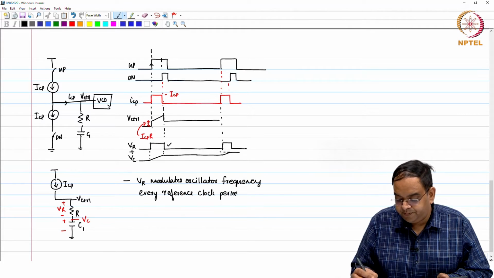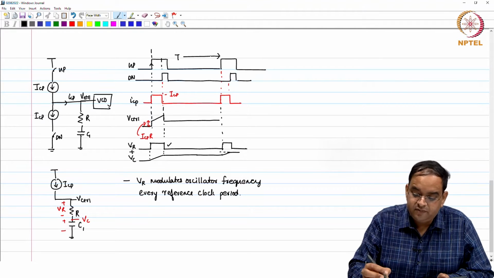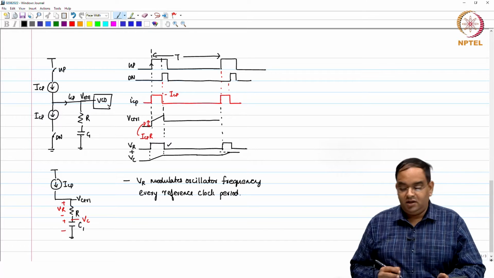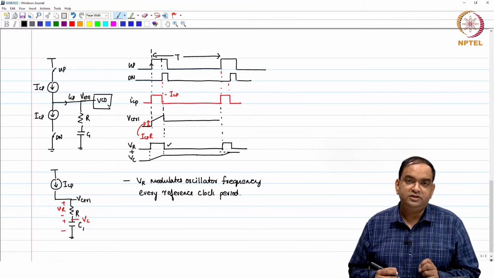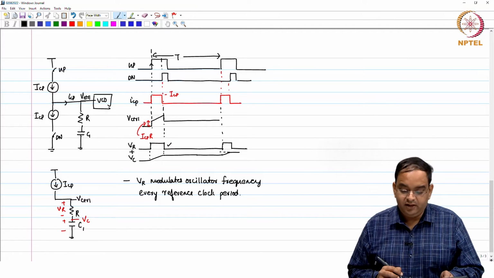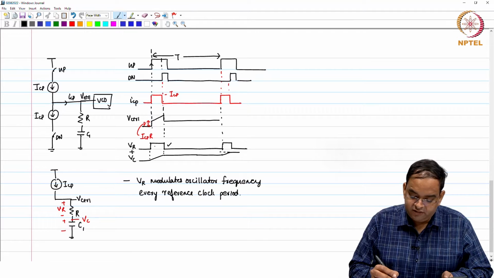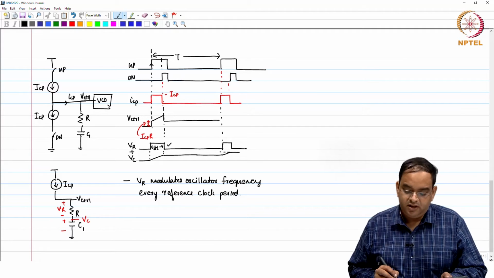Okay. This is my reference clock period. Now, well, the waveform which you are seeing is a more or less square waveform with a duty cycle, and this is whatever delta t error you are going to have in steady state. The pulse width depends on that.